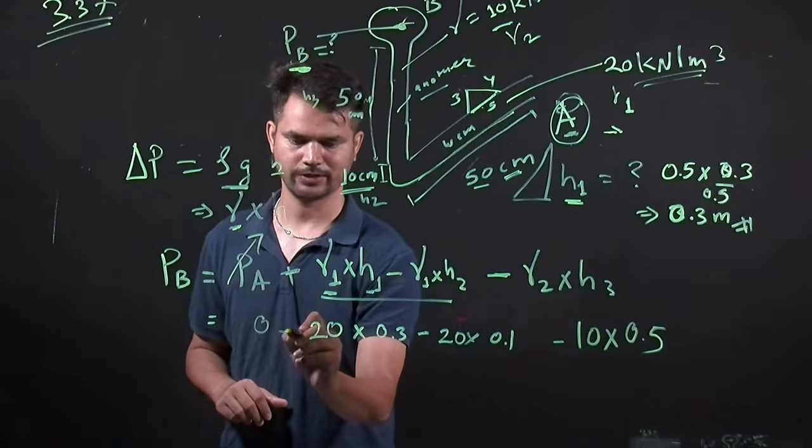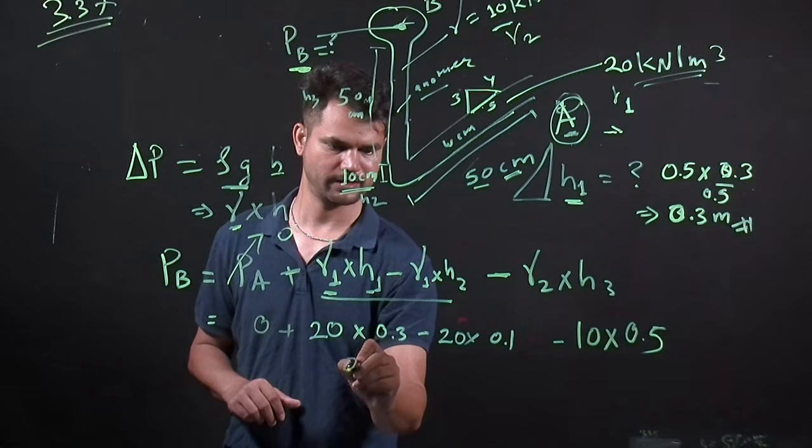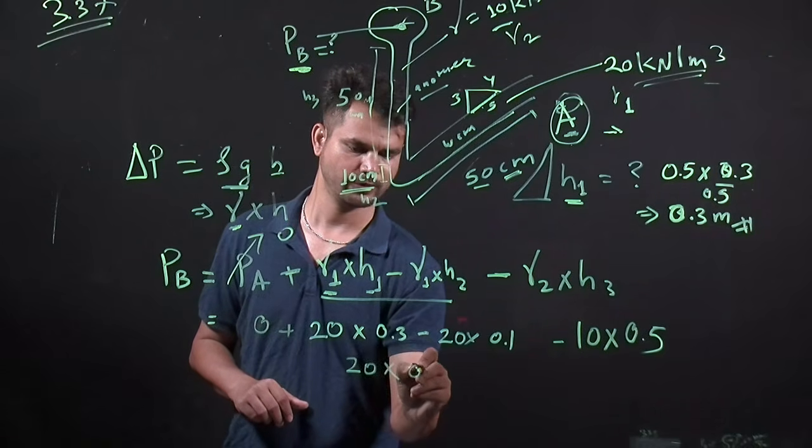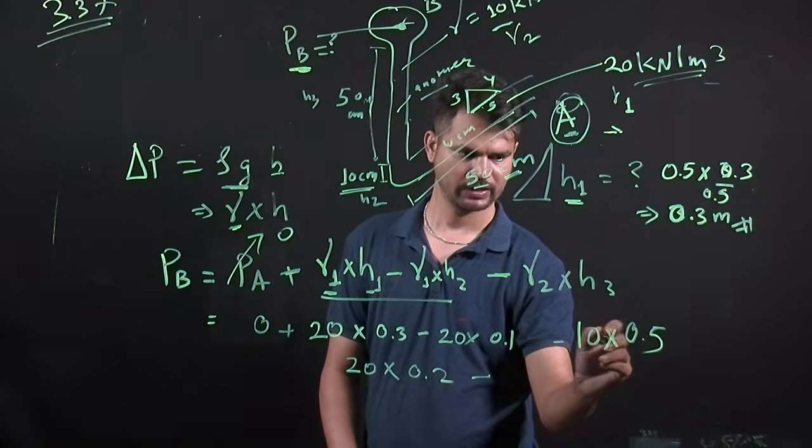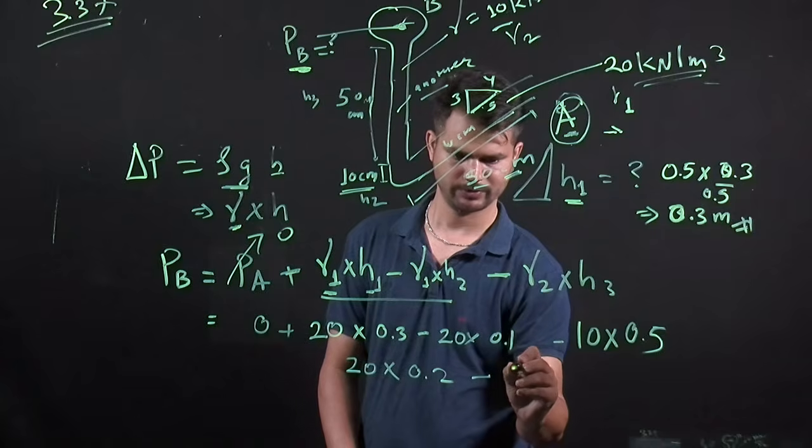Since pressure A is 0, we do 20 into 0.2 minus 10 into 0.5, which will be 5.